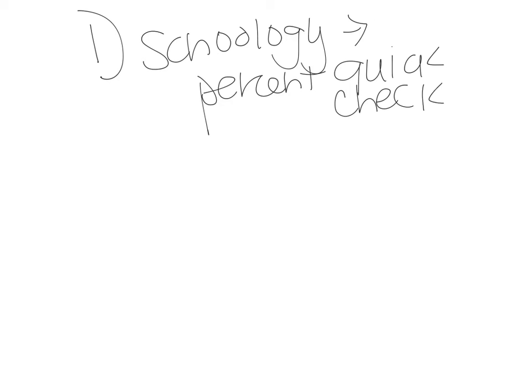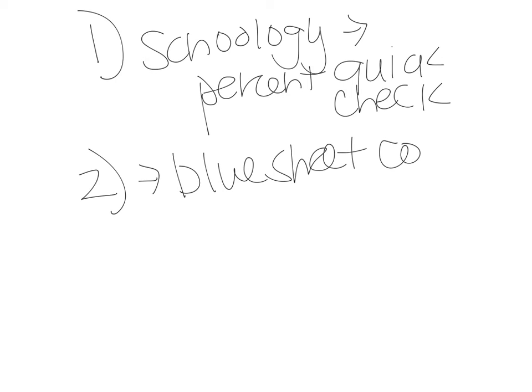Alright, so now you have 2 tasks. The first task you need to do is go on Schoology and take the percent quick check. Your second task is to flip over the blue sheet and complete the problems.